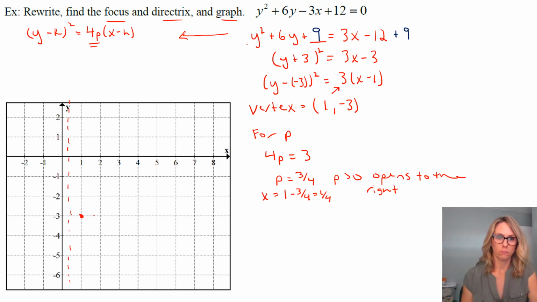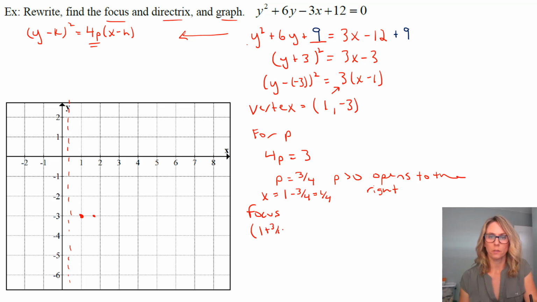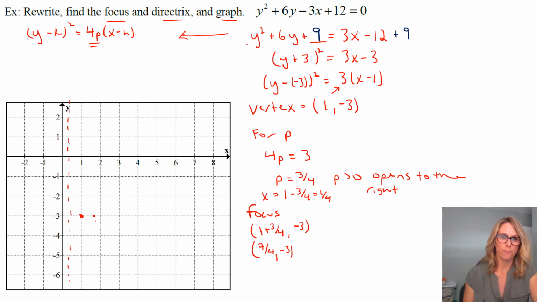So somewhere right here. So if you want, you can think of the focus as simply taking your x value for h, which is 1, and adding 3/4. And then the y is the same as the vertex. That doesn't change. So it's basically 7/4, -3 for the focus, if you want to have that.